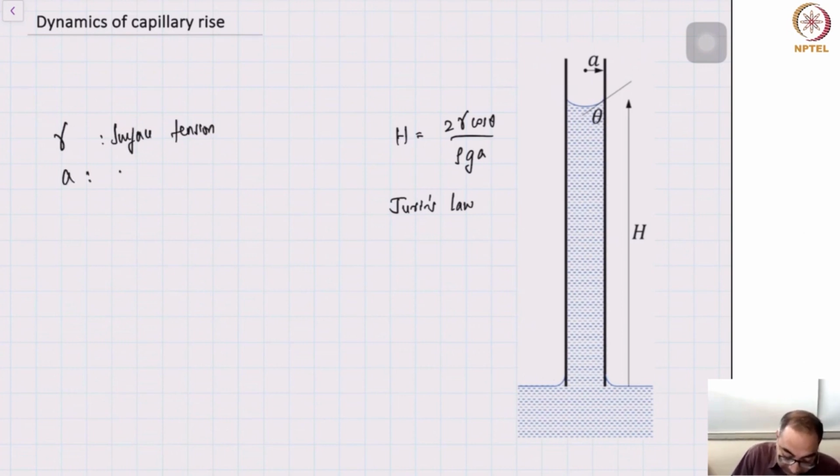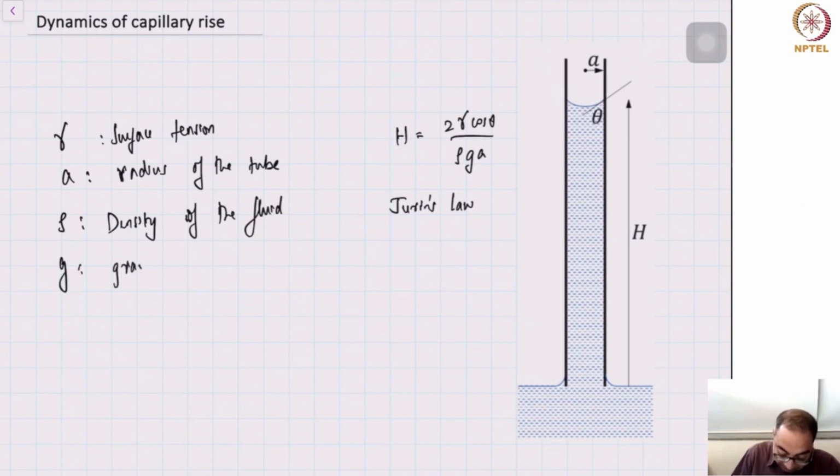A is the radius of the tube. Rho is density. G is gravity.